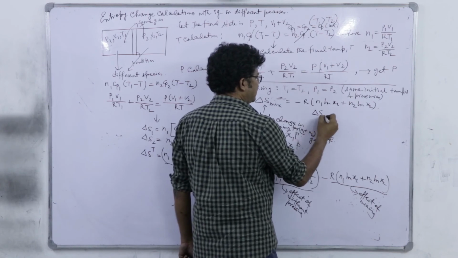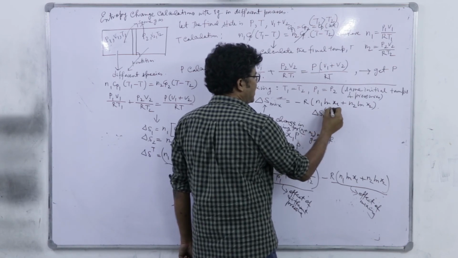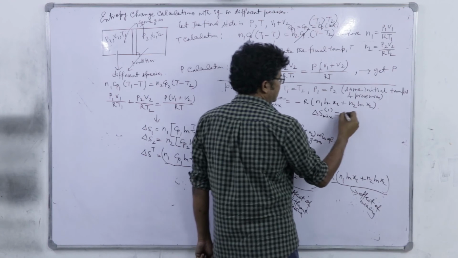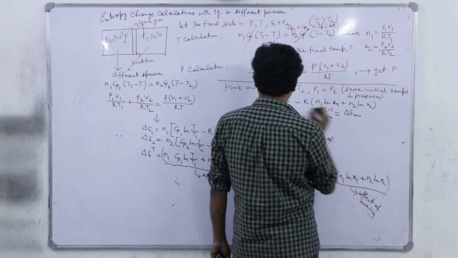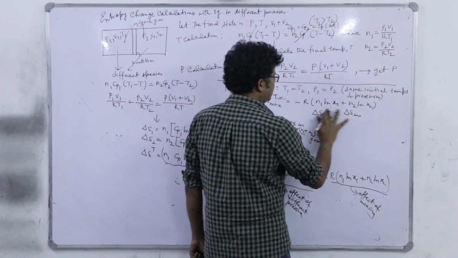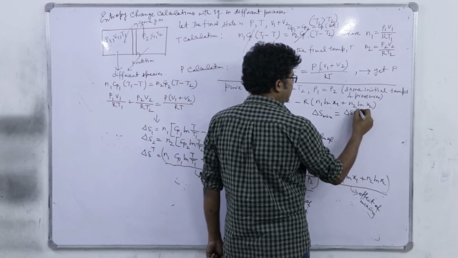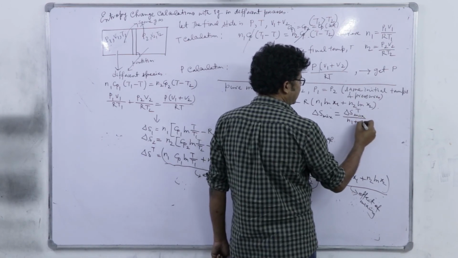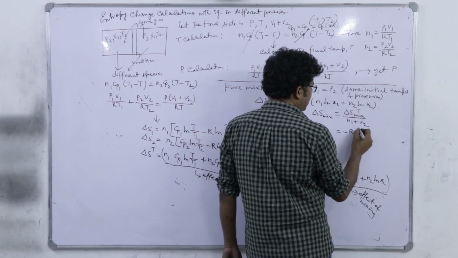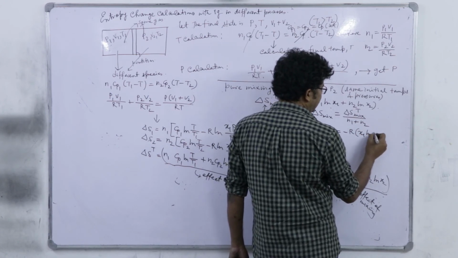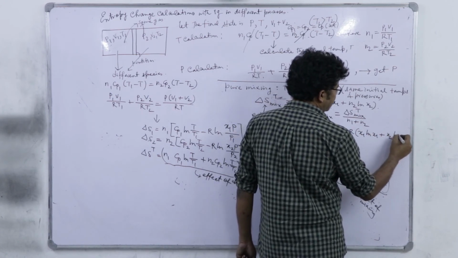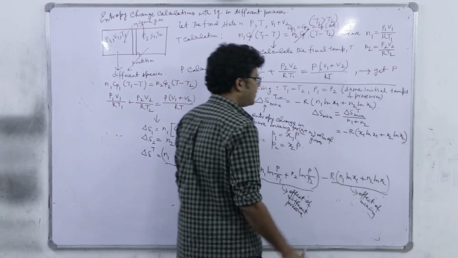So, delta S mix for 1 mole, right, which is delta S mix divided by N1 plus N2, and that gives you minus R (x1 ln x1 plus this).